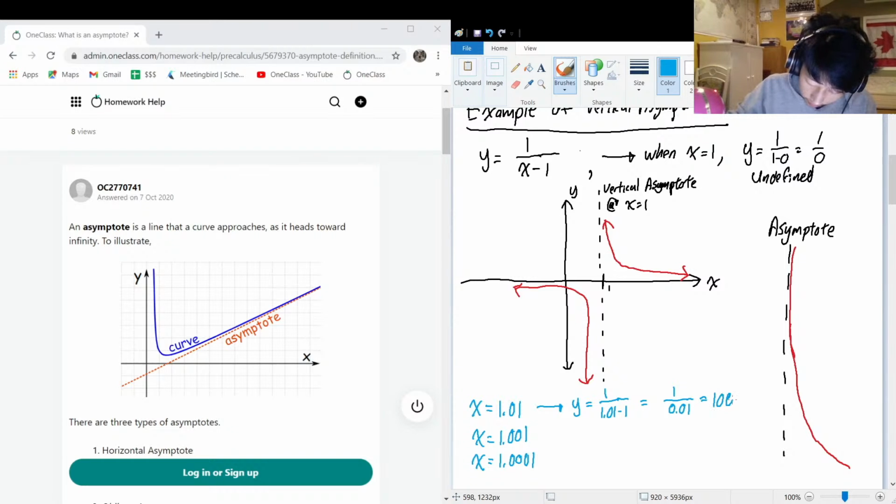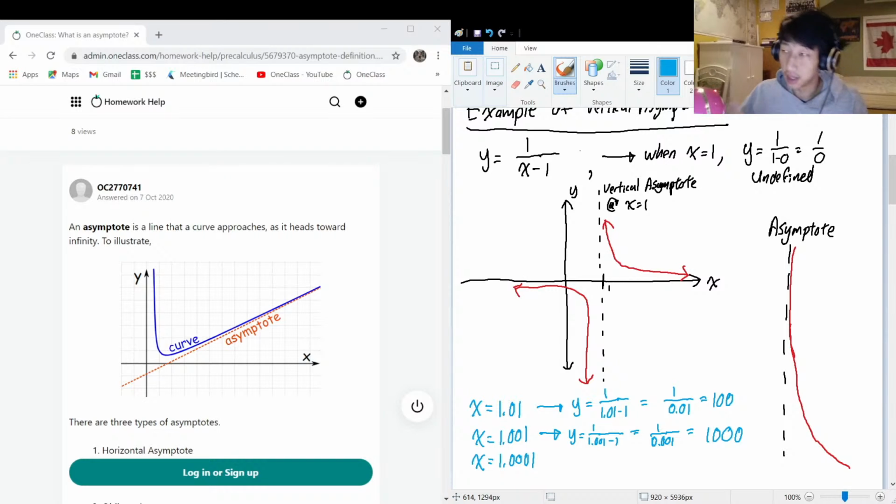This equals 100. If we get even closer, we'll get y equal to 1 over 1.001 minus 1. This equals 1 over 0.001. That equals 1,000, because it's just 10 times bigger than the previous one. And the next one is going to have y equals 10,000.